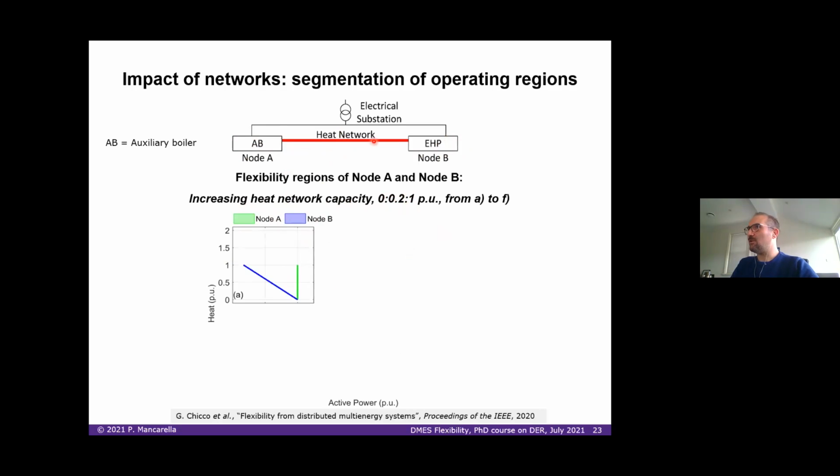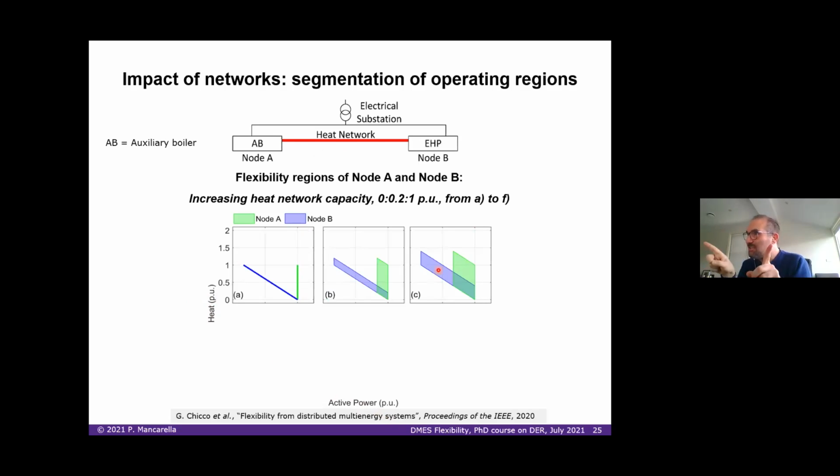Now, if there is no heat network, so the capacity is equal to 0, these two regions A and B in terms of heat and power are effectively two disjointed regions. If I start increasing the capacity of the heat network, as you can see, the two regions grow in terms of flexibility in heat and power that is available in each node, because now I can transfer some heat.